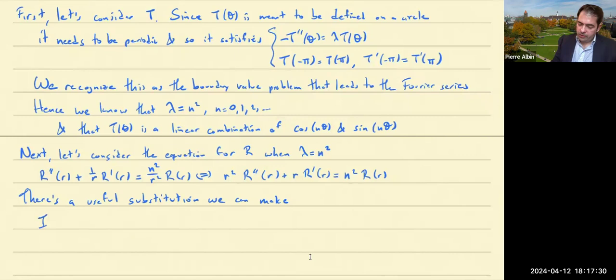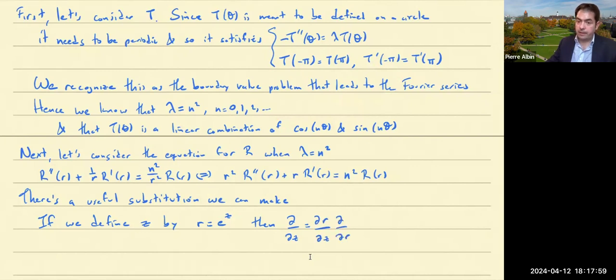Right? If we set r equal to e to the z, then the derivative with respect to z, by the chain rule, would be the same as the derivative of r with respect to z times the derivative with respect to r.